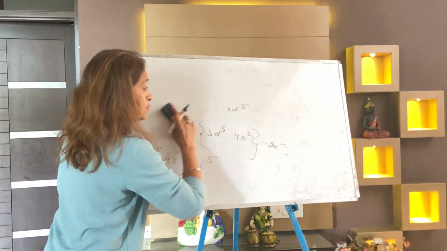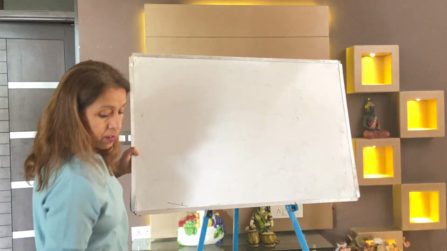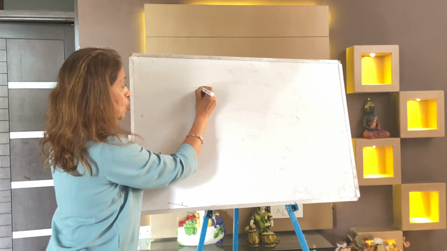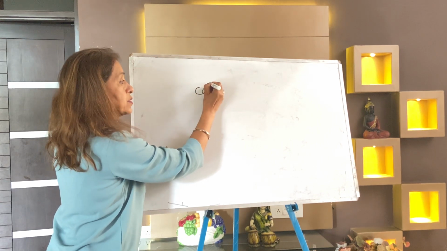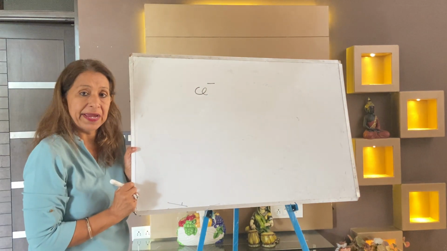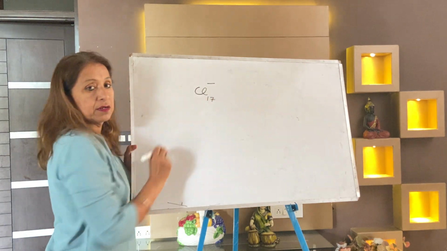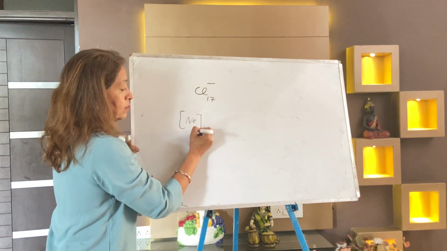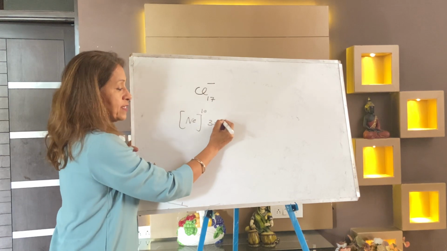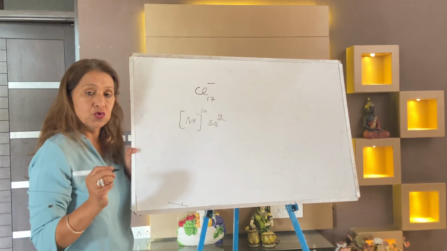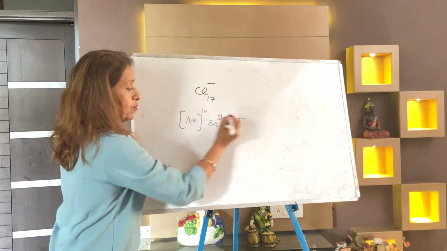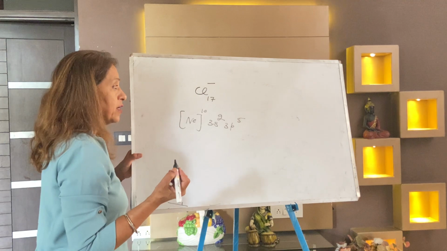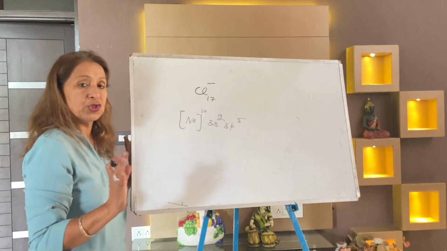Write down next. Now I am taking negative ions: chlorine minus. Its number is 17, nearest to neon 10. After neon, 3s2 and 3p5. 10 plus 2 is 12, 12 plus 5 is 17. This is the configuration of the chlorine atom.